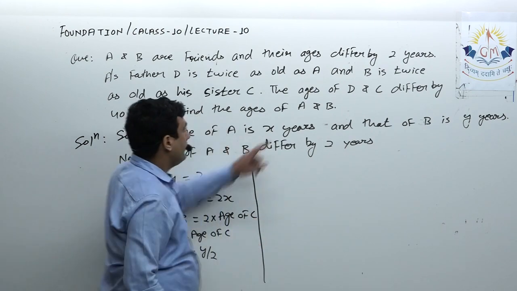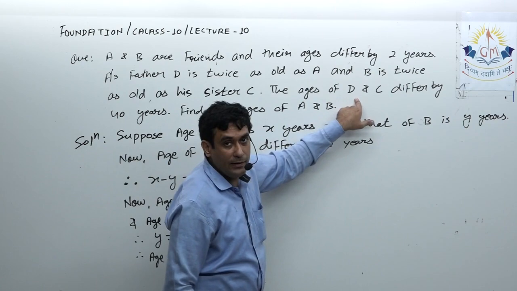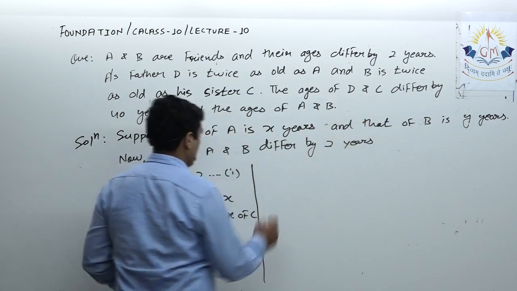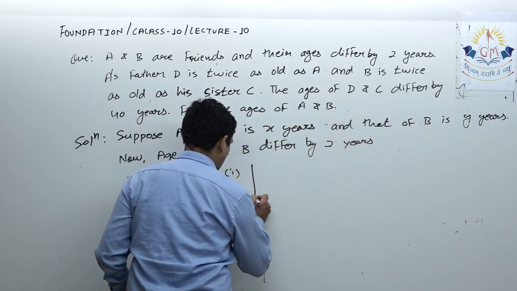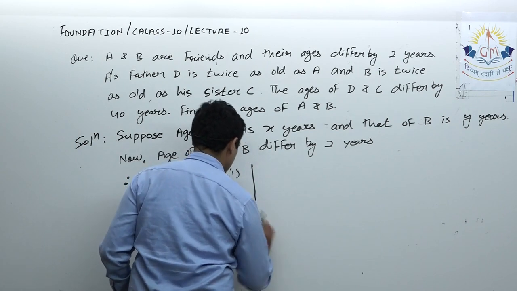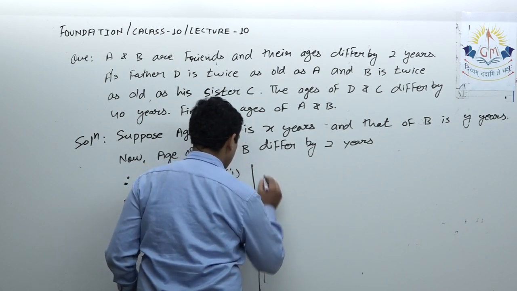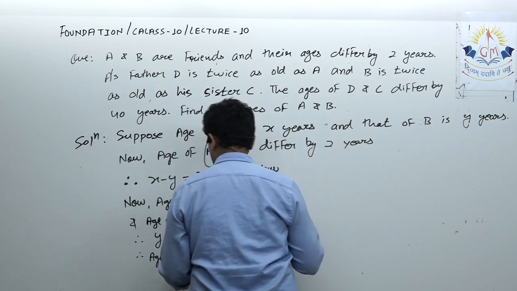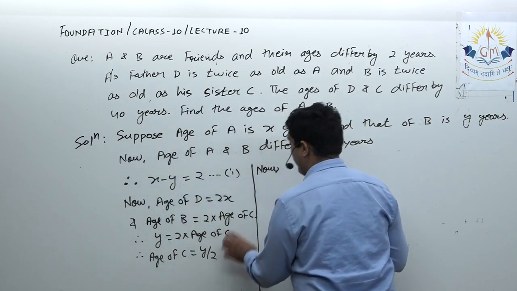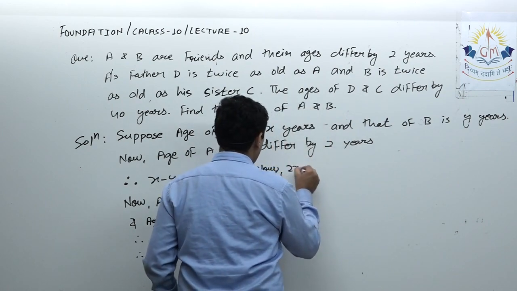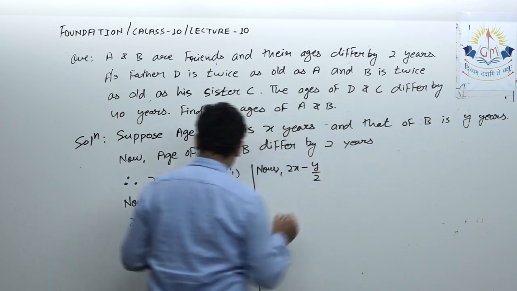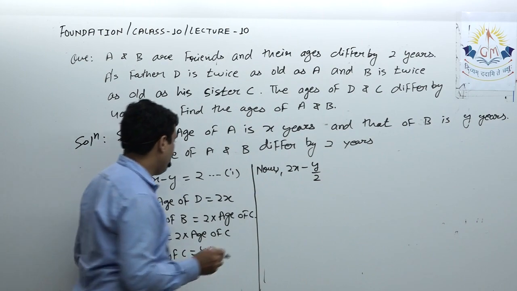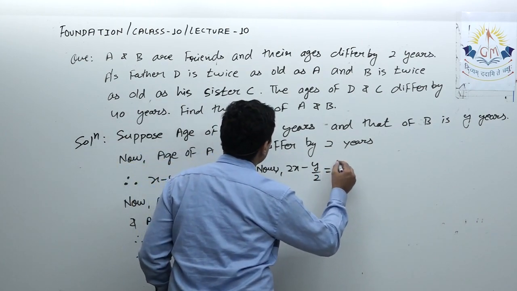Now it is given that the ages of D and C differ by 40 years. So now I can write 2x minus y by 2 is equal to 40.